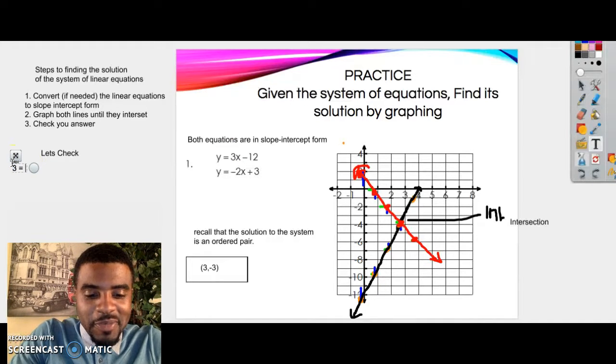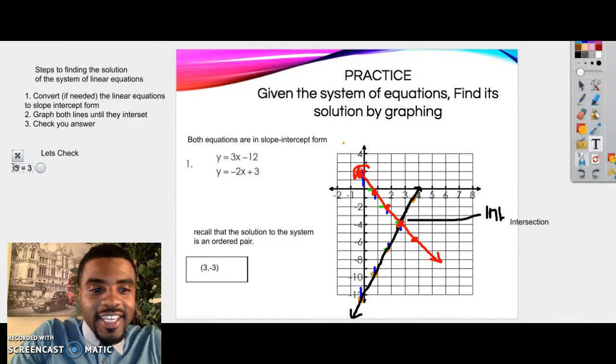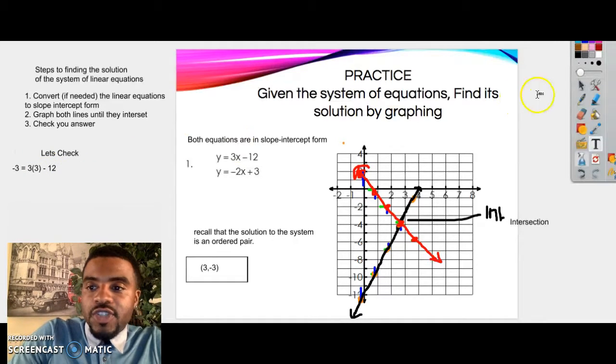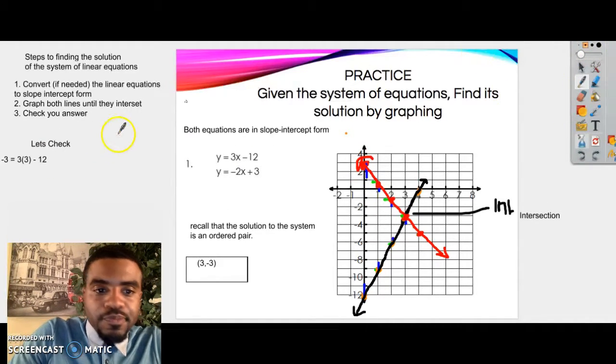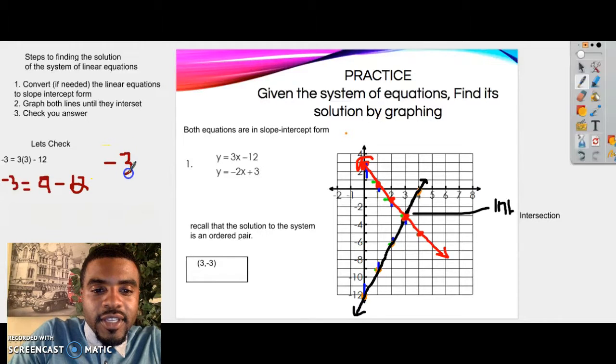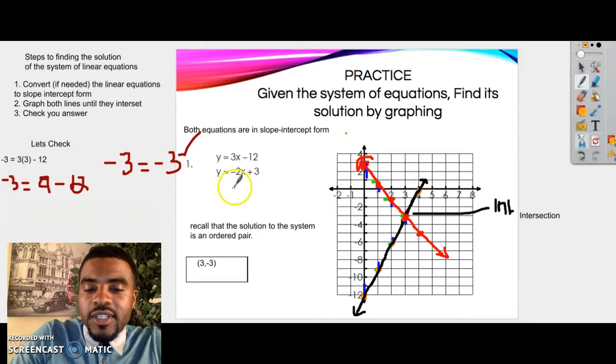So -3 equals 3 times 3 minus 12. And that's indeed true, right? Because negative 3 equals 9 minus 12. So that's negative 3 equals negative 3. So that holds true.